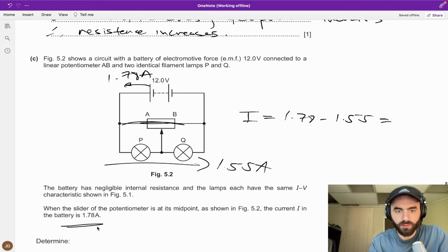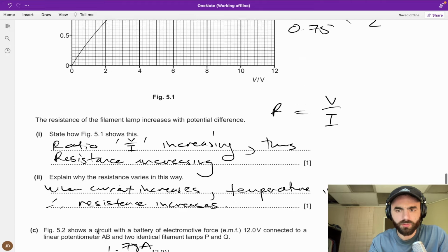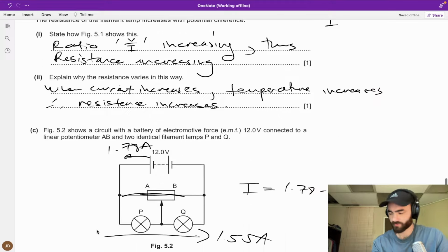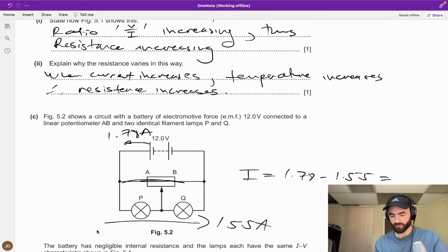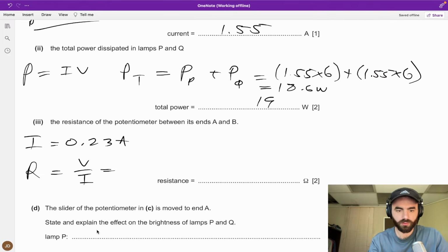It's going to be 12 volts. 12 divided by 0.23.